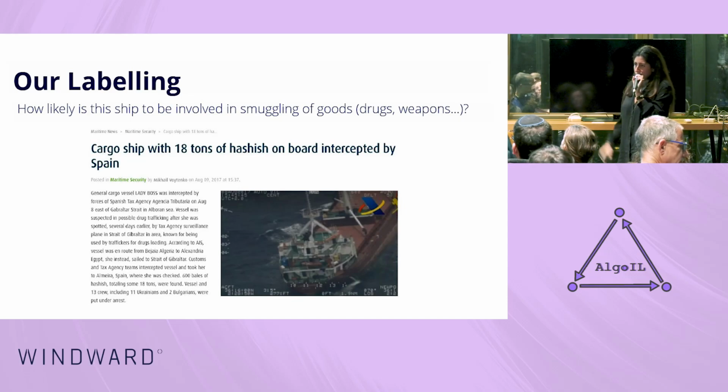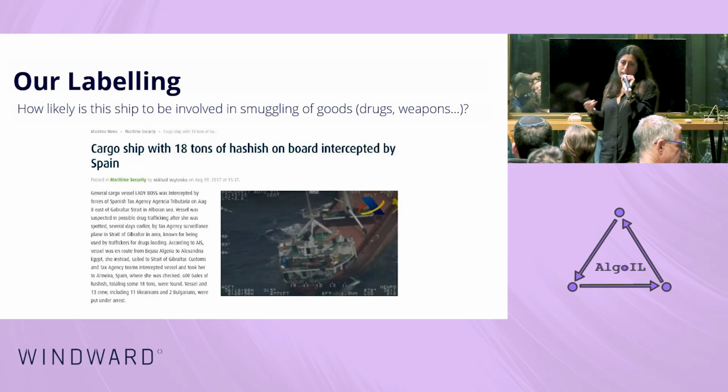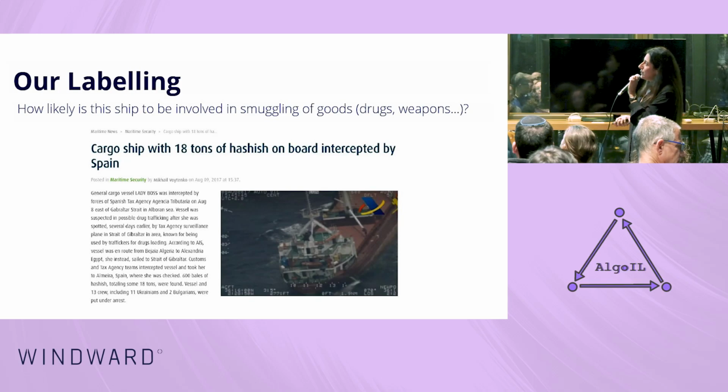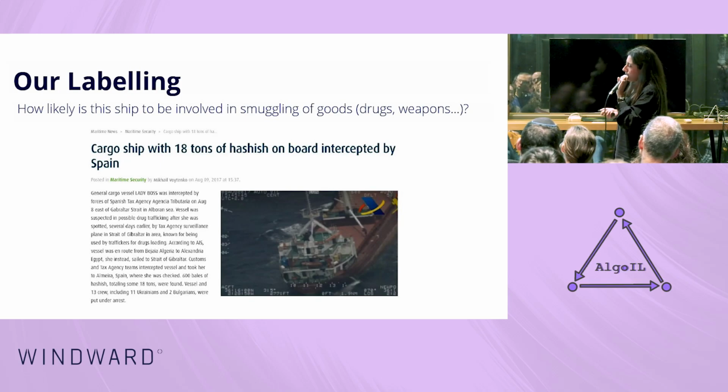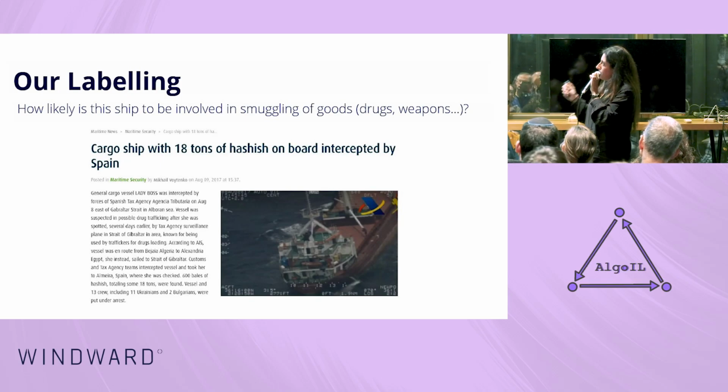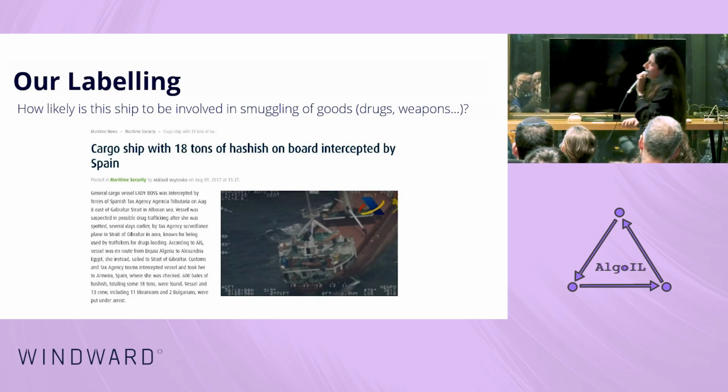So quick reminder here. What is the labeling that I'm going to talk about here? We looked at the probability that a vessel is labeled as a vessel involved in drug smuggling, weapon trafficking, oil smuggling. So we have this example here, a vessel caught with hashish in Spain.